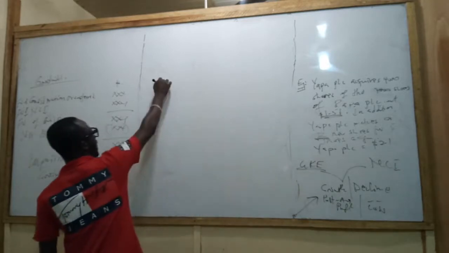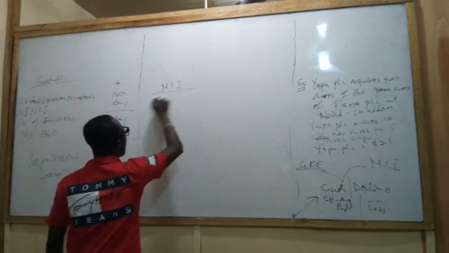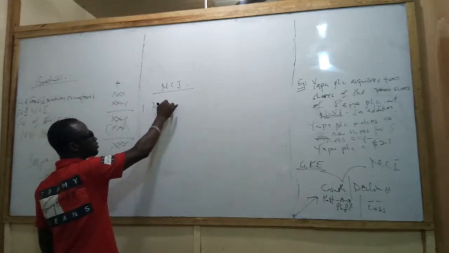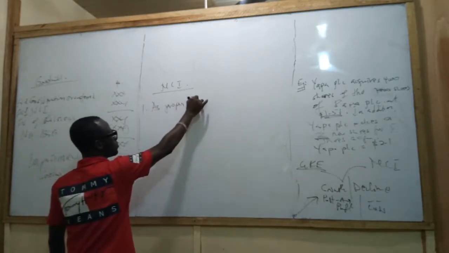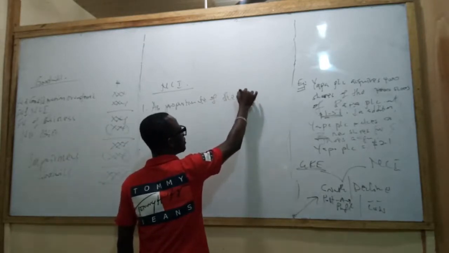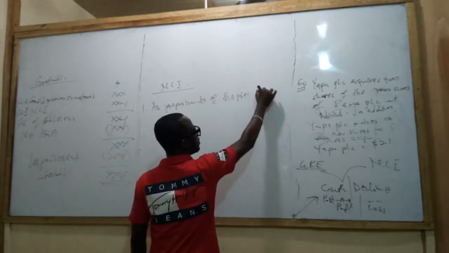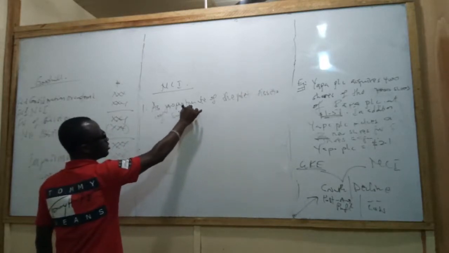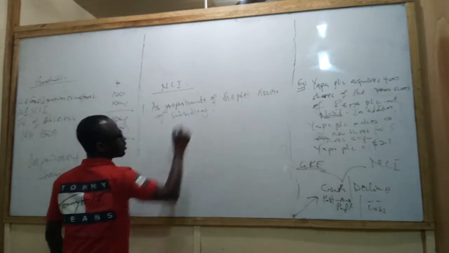So, NCI valuation. One, NCI can be valued as a proportionate share of the net assets of the subsidiary at acquisition.